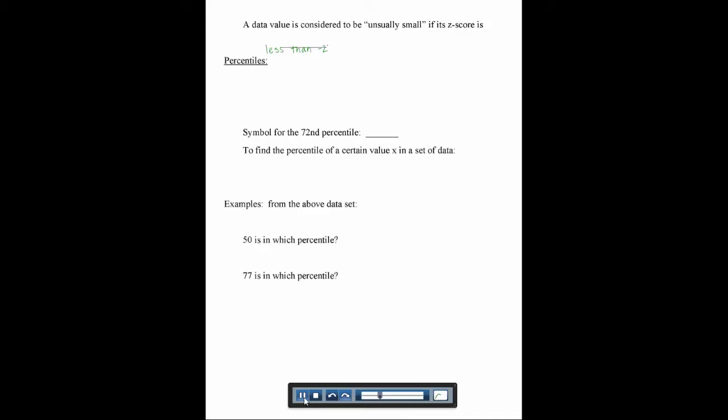Okay, now we're going to switch gears just a little bit, and we're going to talk about what are called percentiles. And percentiles take the data and divide the data into 100 groups, each with 1% of the values in each group.